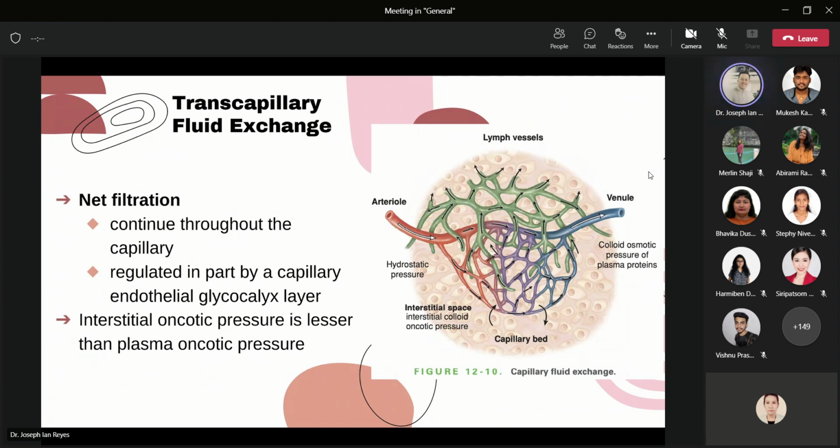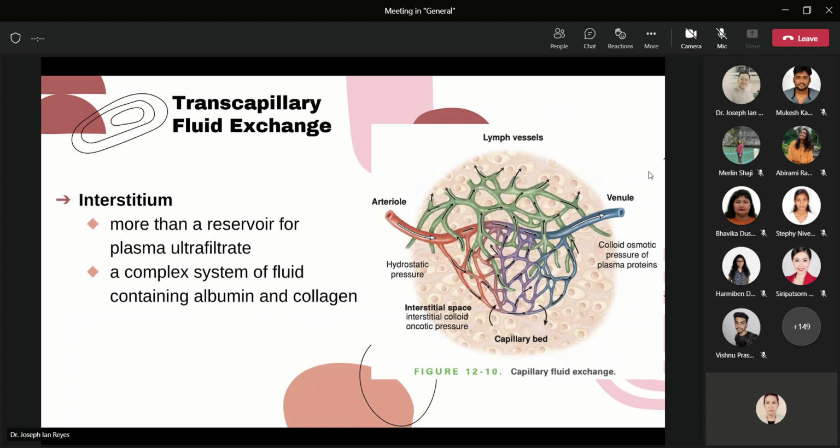Okay, now the tissue. So the interstitium is more than a reservoir for plasma ultrafiltrate. It is a complex system of fluid containing albumin. So this is a gel consisting of glycosaminoglycan molecules and collagen.